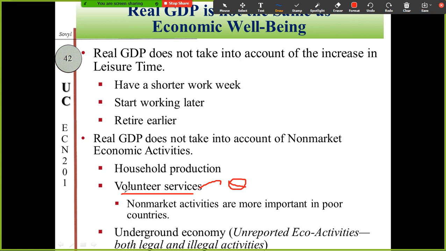There's no return to them in terms of wage, salary or compensation. That's why we don't have price. Volunteers produce activities or goods, so we have quantity, but they don't have price. Because they don't have price, we cannot find market value. If we cannot find market value, again, we cannot take this output into GDP.